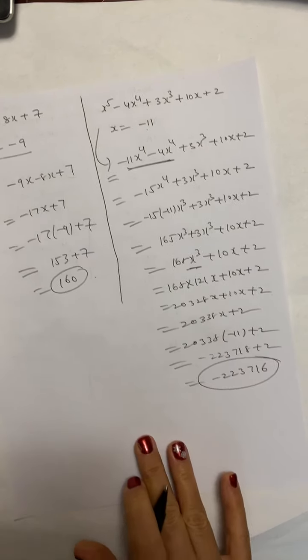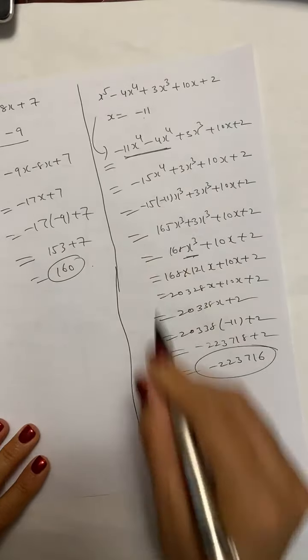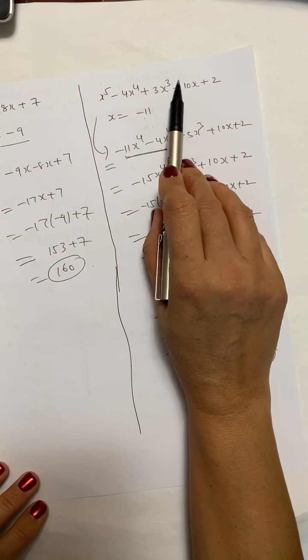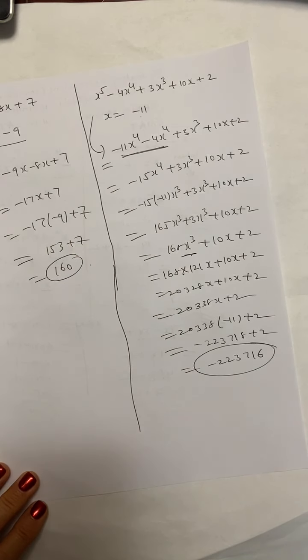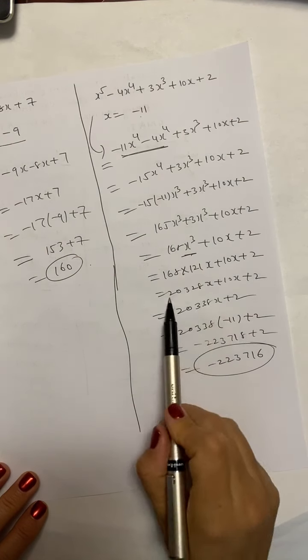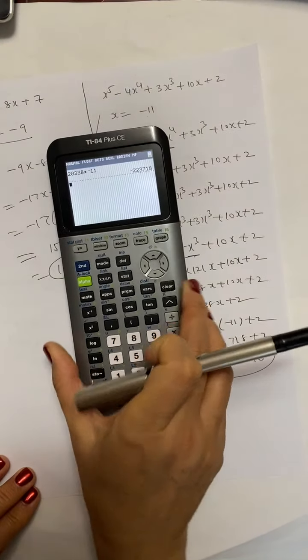That's the answer. I just wanted to show you with negative numbers, and especially here when the x squared term was missing. So that's why, because of the huge number, you end up getting a very large number. Now again, we can check it.